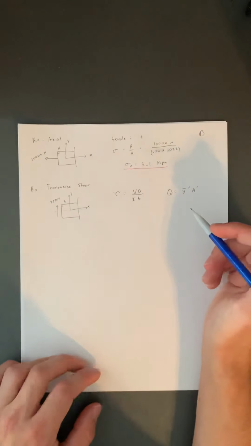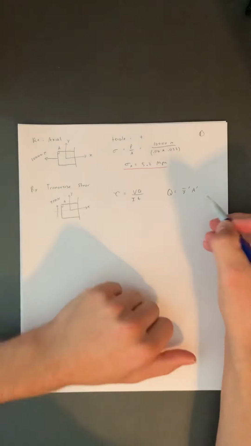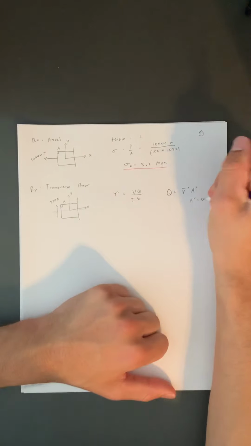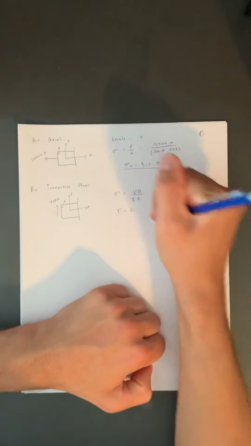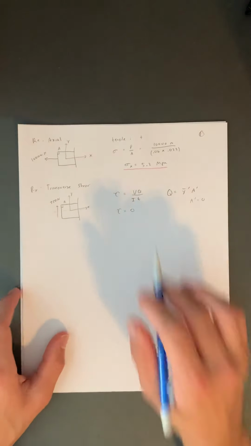You'll see later, when we're solving for RZ, where A prime comes in. But because A prime is 0 in this problem, Q is 0, so the whole thing goes to 0, and the transverse shear is 0.